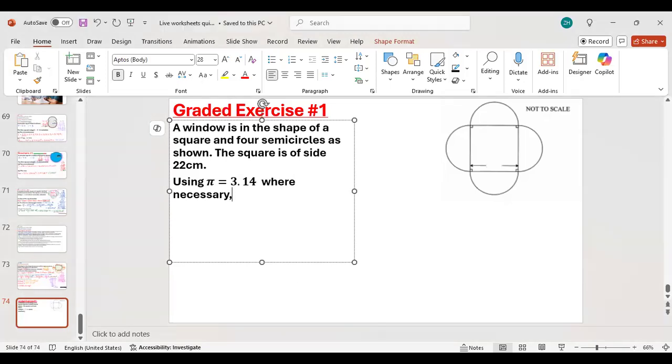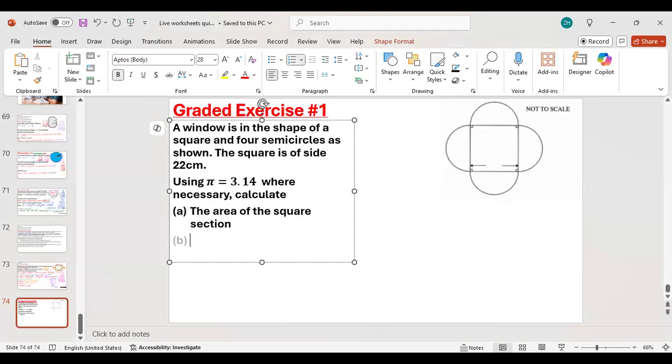Calculate A, the area of the square section.